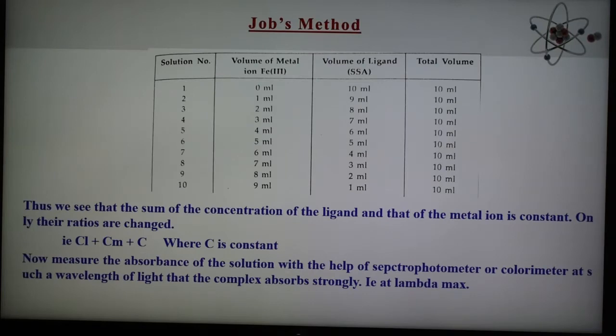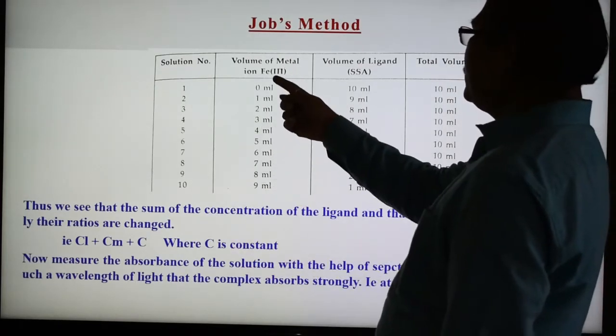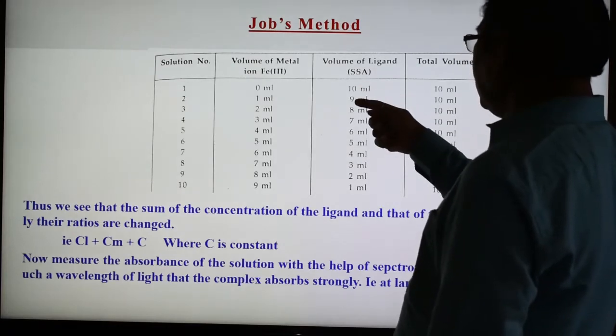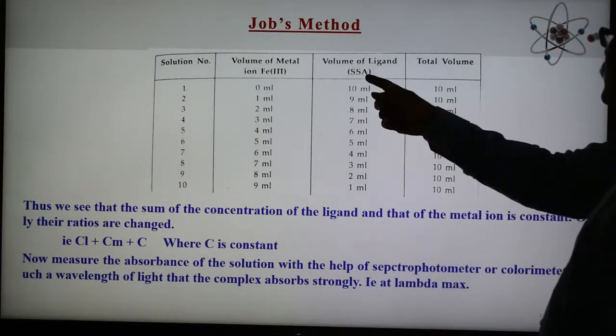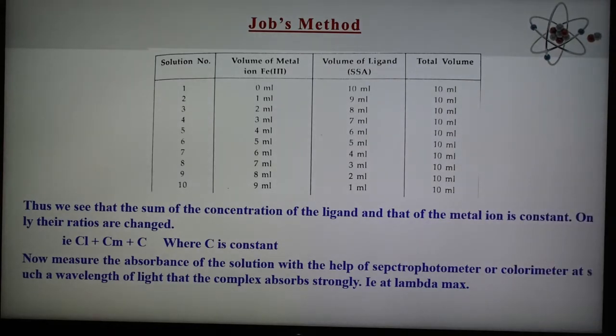This is the table which shows the ratio. Here we have to prepare 10 solutions. The volume of metal ion, that is Fe3+, is 0, 1, 2, 3 up to 9, and in reverse, 10, 9 and so on, we have to take the ligand sulfosalicylic acid, and the total volume we keep constant at 10 ml. So the total volume of each solution is 10 ml.